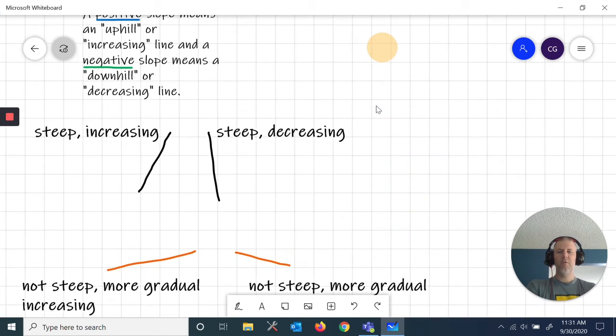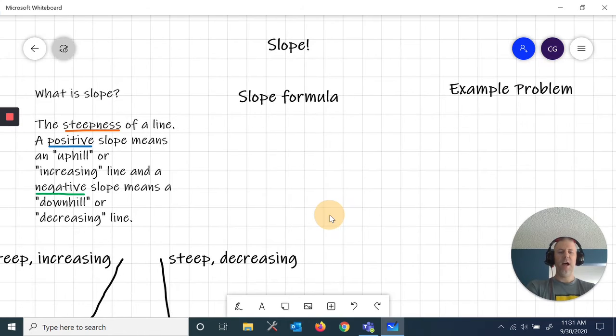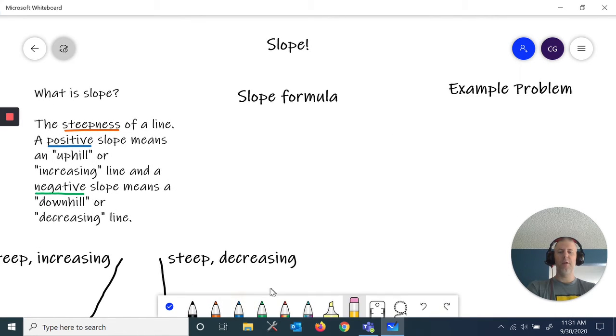So once we have a background here, let's get to the algebra piece of this. The formula for slope, and they use an M for slope, so M always represents slope, is y sub 2 minus y sub 1. It's important to note this is always a subtract between these two points, regardless of whether the points have negative signs on them or not.